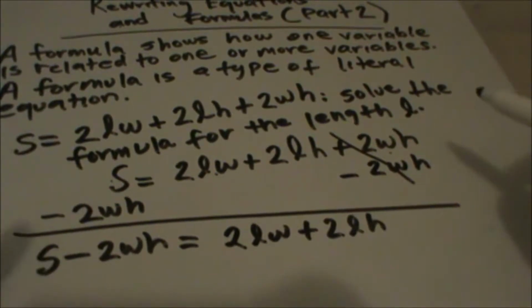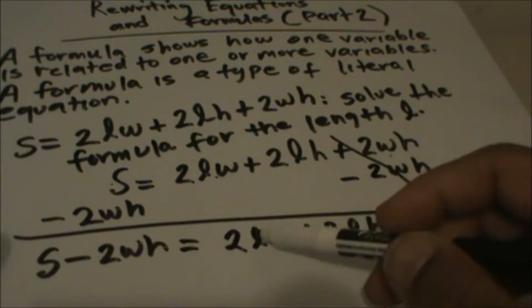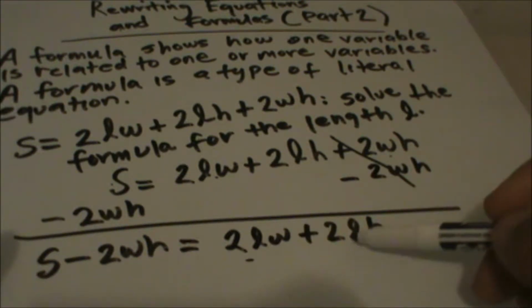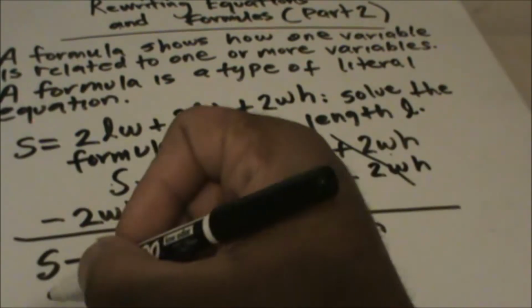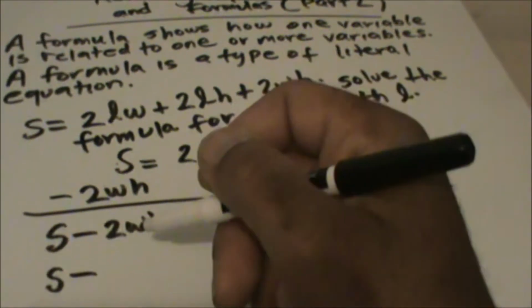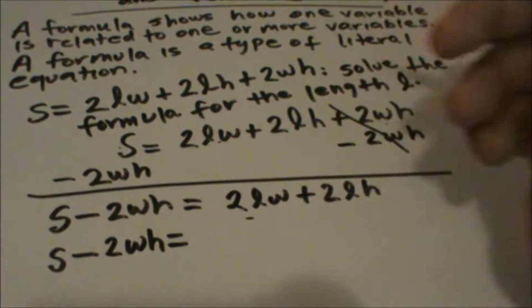Now, like before, we see some type of relationship where both terms here have L. So what we can do is factor using the distributive property. I'm going to write this again. S minus 2WH equals 2.